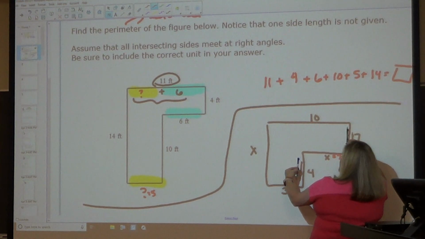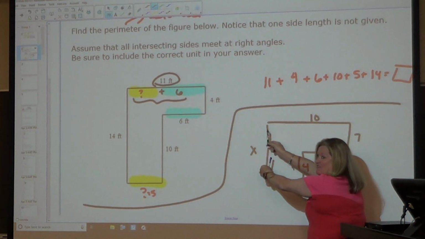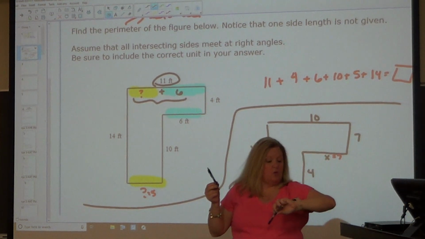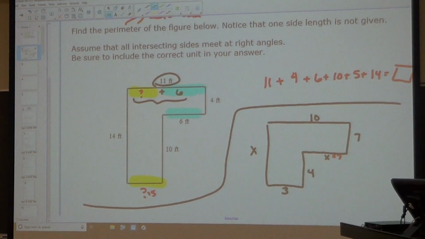Here, 4 and 7 are going to make that side. So what is that side going to be? 11. So 4 and 7 are going to add up to give me 11. And then I would add up all the sides. Cool?